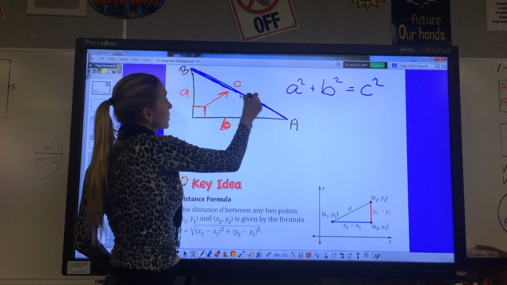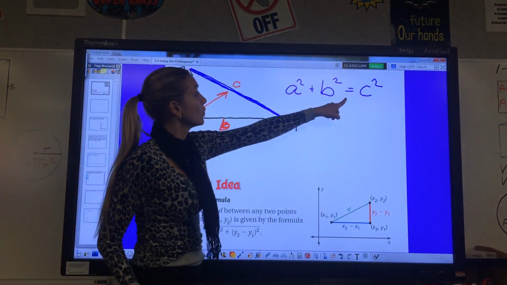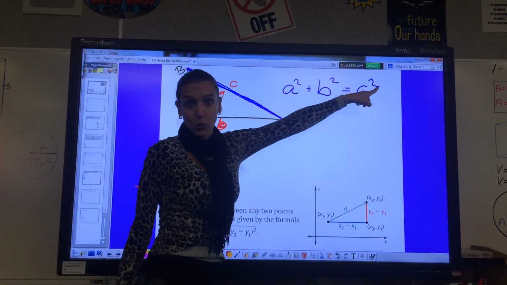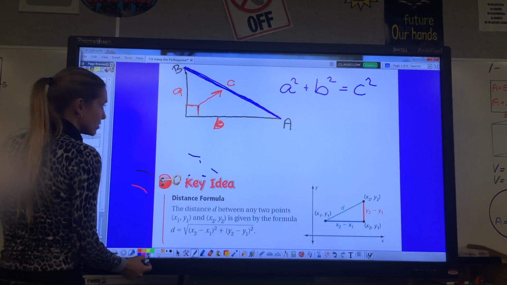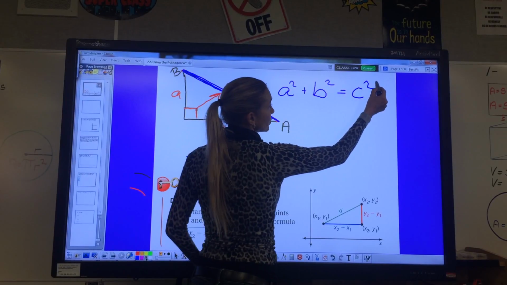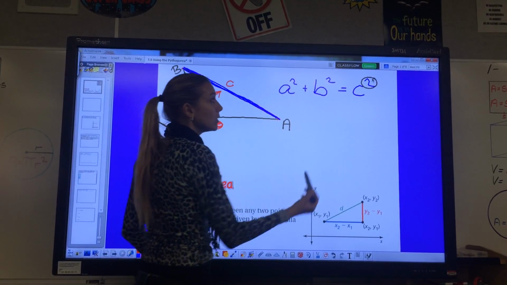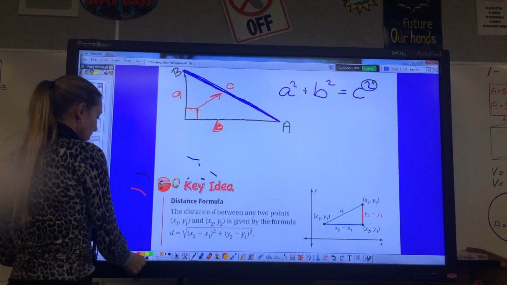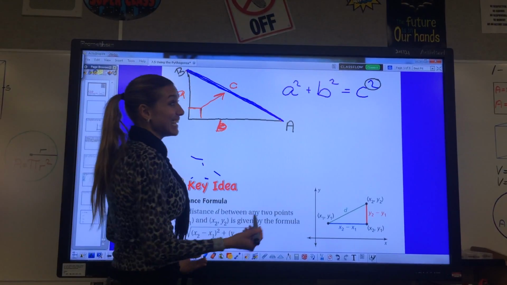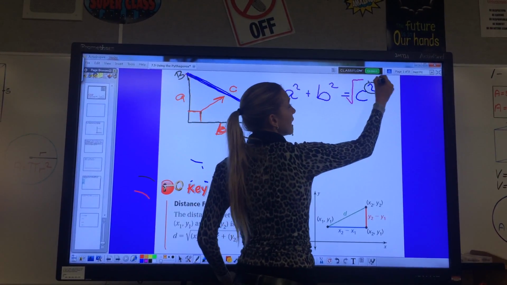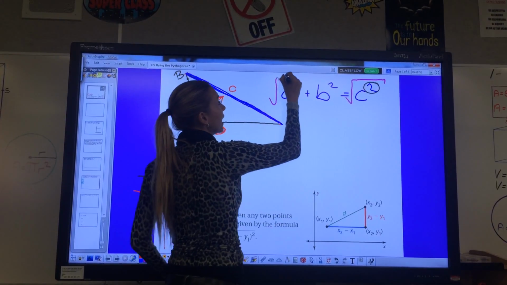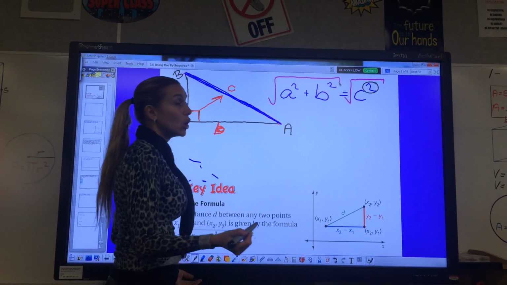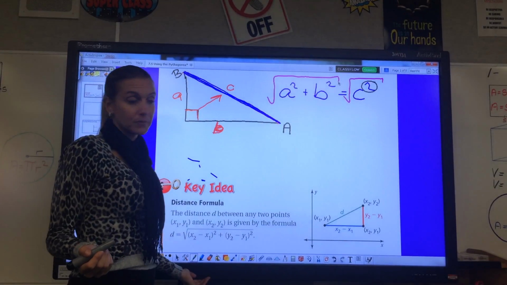Well, your job is really to figure out what C is, not C squared, just C. So I know I have to get rid of the exponent. The only way to get rid of the exponent is by taking the square root of that. If I take a square root of one side, I have to take a square root of the other side, correct?